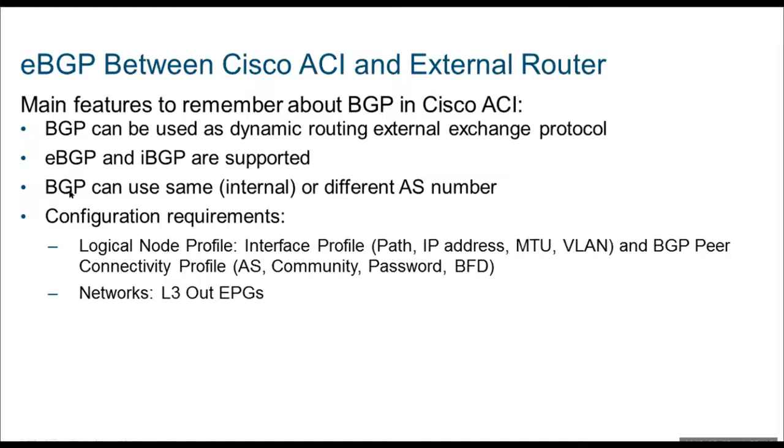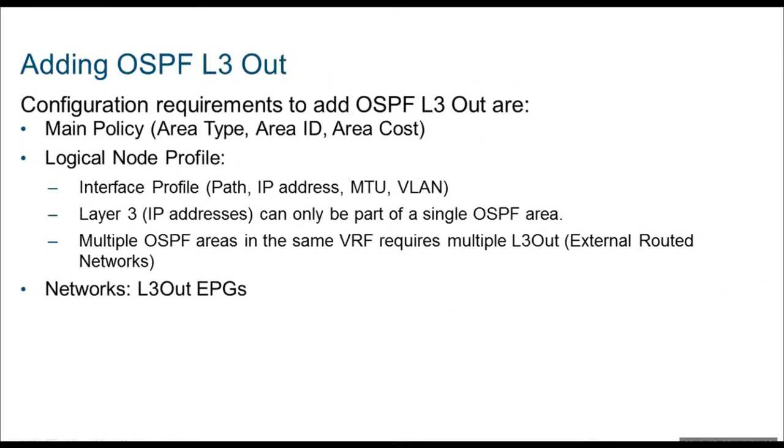That shows you with the layer 3 entity, you can use I or E, different AS or the same AS. This will be the configuration requirements, pretty much similar to what we saw in OSPF configuration.